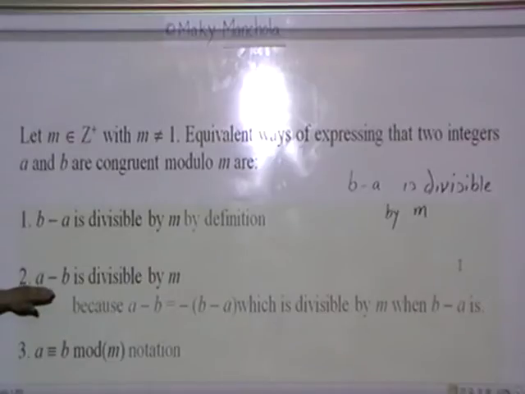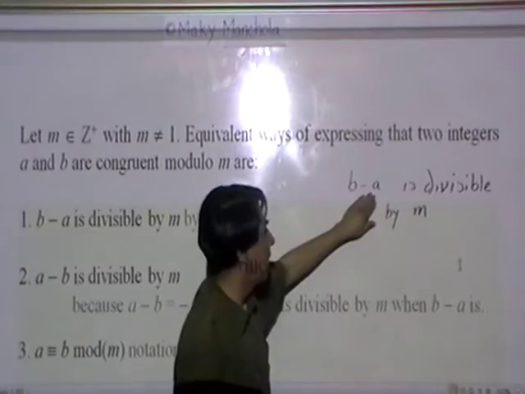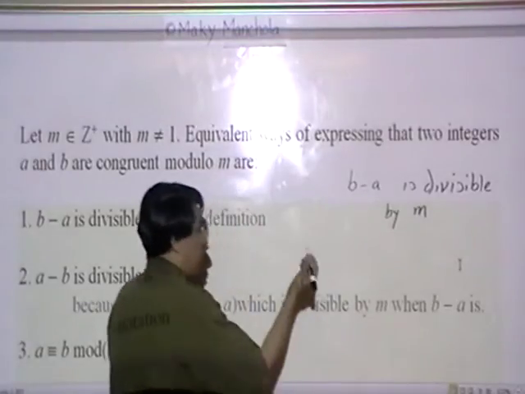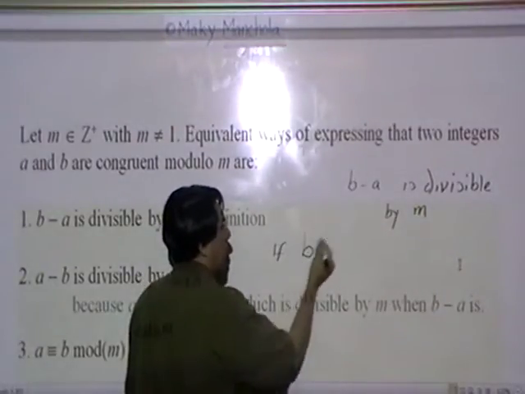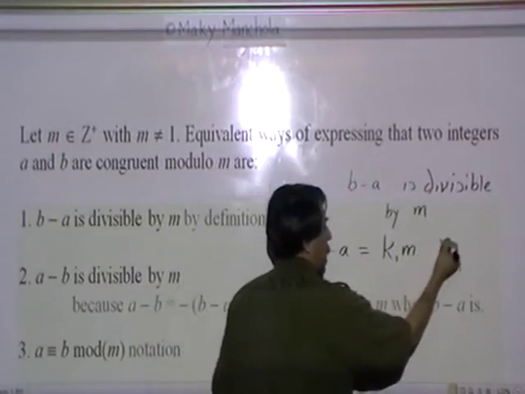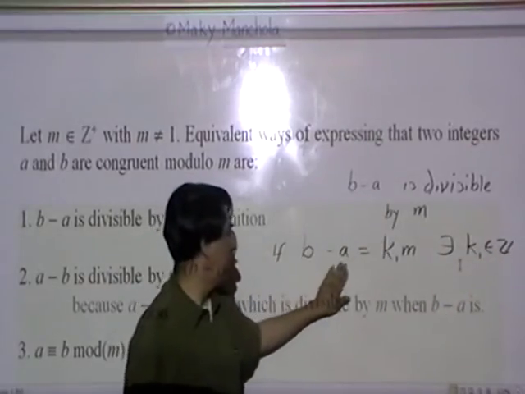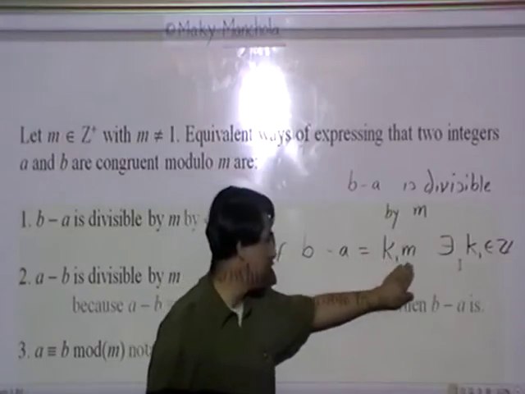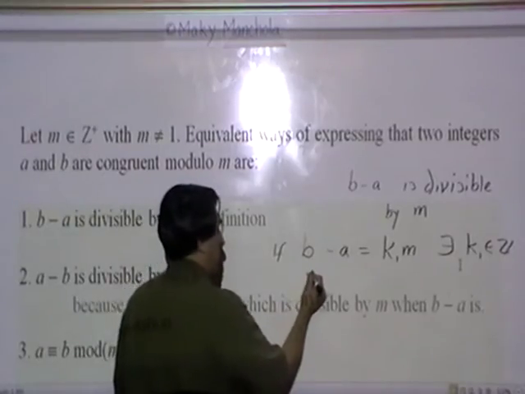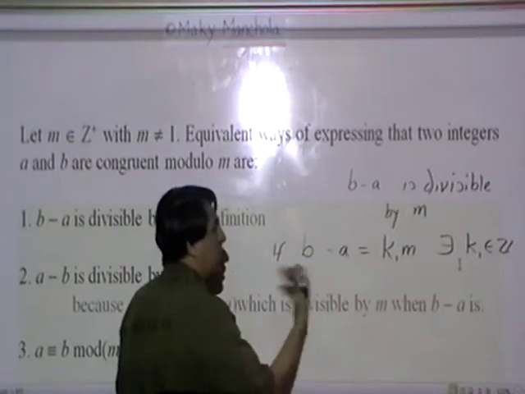It is a consequence that if b minus a is divisible by m, it is an algebraic consequence that a minus b is also divisible by m. So if b minus a is divisible by m, mathematically you will say it this way: if b minus a is equal to k1 times m, where k1 is some integer, then you could conclude that a minus b is also an integer times m.